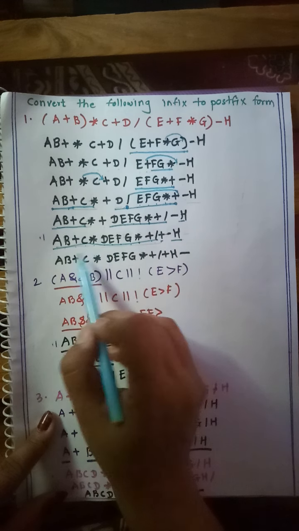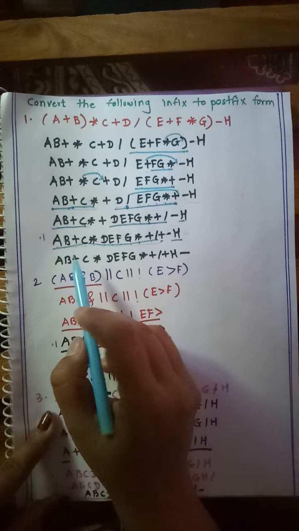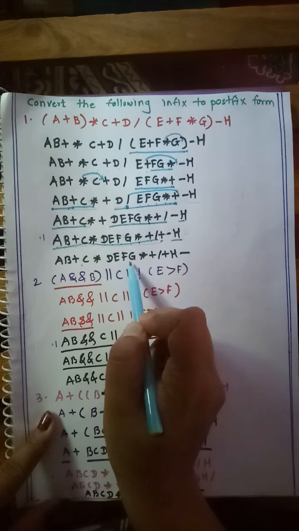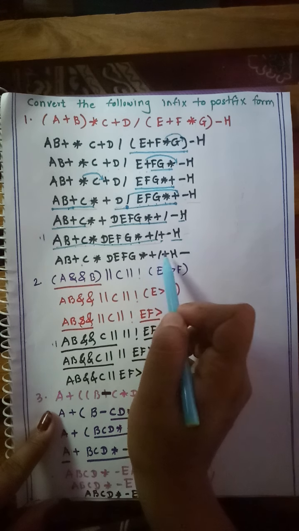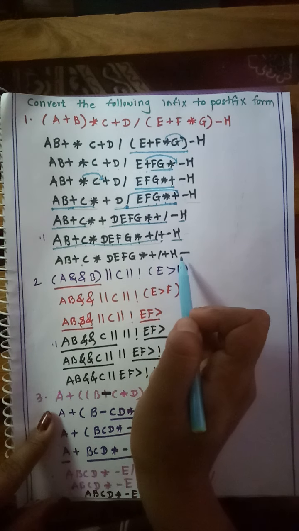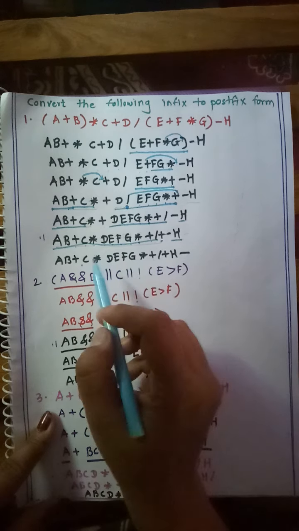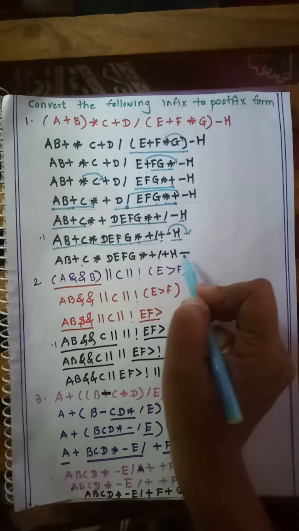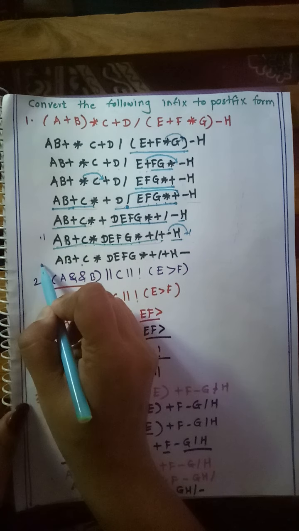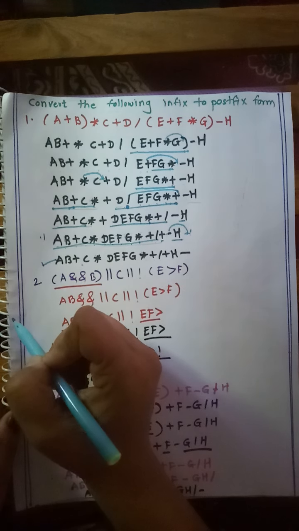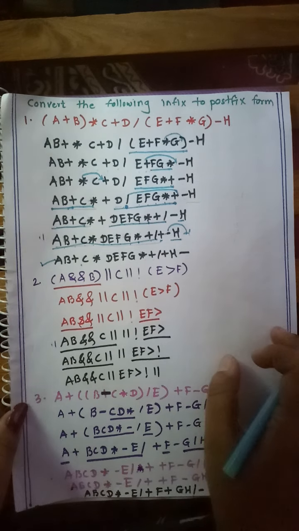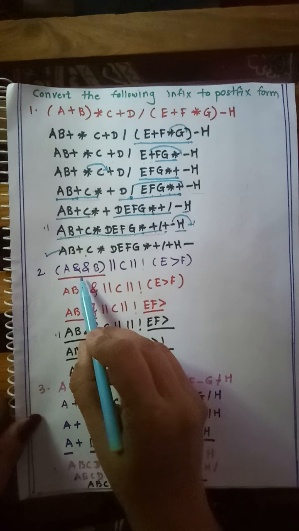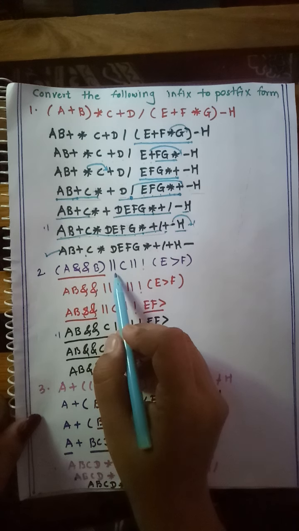Now we again convert this step into the next step. a b plus c star d e f g star plus slash plus h, and here is the minus sign. This minus sign will go after the h, and this is the conversion of infix to postfix of the first example.